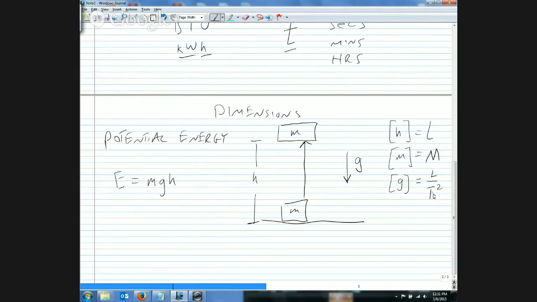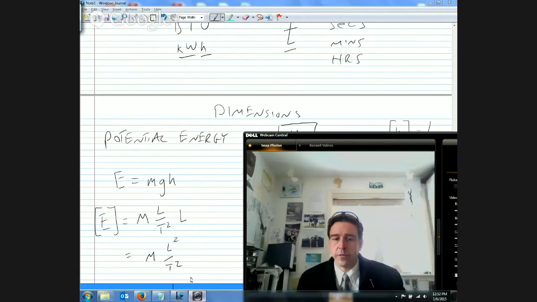And I've used a big T just to mean the dimensions of time. So if we multiply those together, the dimensions of M, which we said were just M here, dimensions of g, which were L over T squared, and the dimensions of h, which was again L. And so now I'll write the dimensions of energy just equal mass length squared over time squared. Okay, so those are the dimensions of energy. It's mass times length squared over time squared.